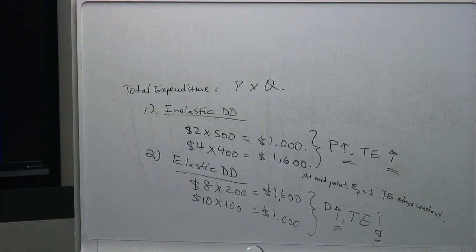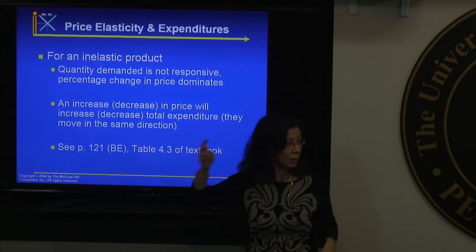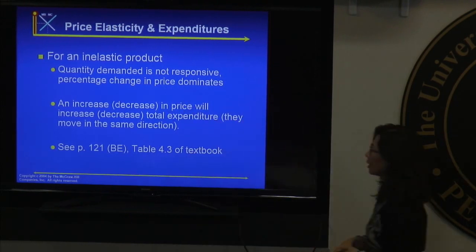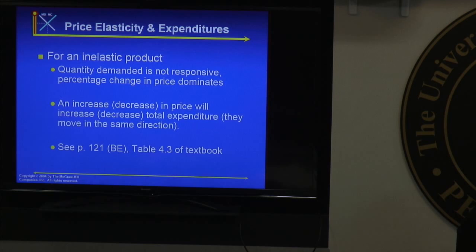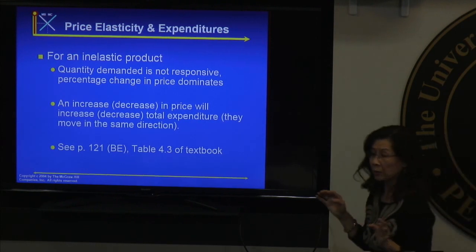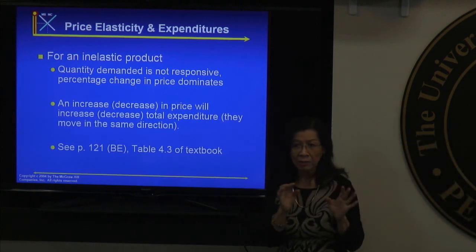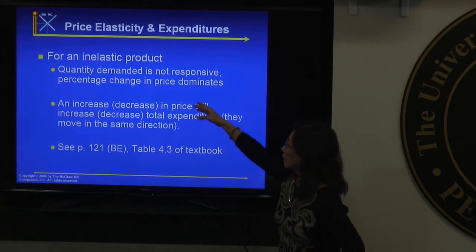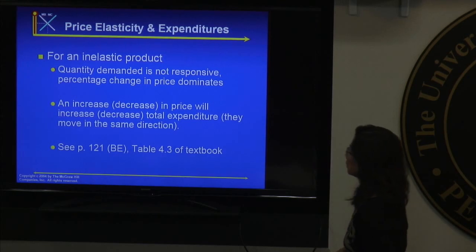dominates, excuse me. Now, on the other hand, for inelastic product, that would be your case 1, quantity demanded is not so responsive. That's why we call it inelastic. I hit you, you didn't yell, you didn't shout, you didn't react. You're very inelastic. Or unresponsive, or insensitive, the synonymous term that we used the other day.